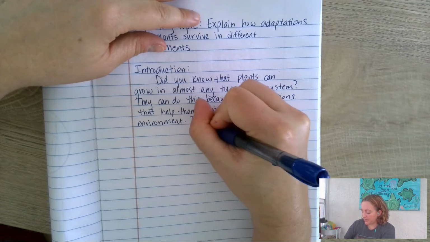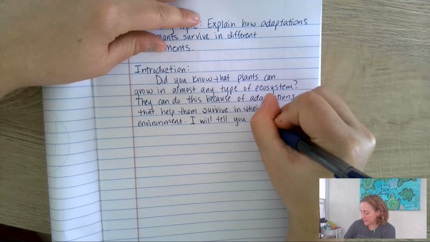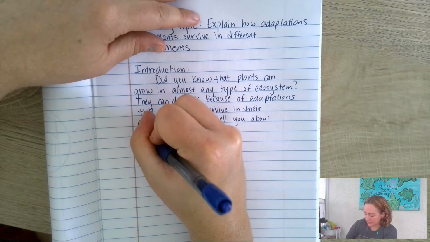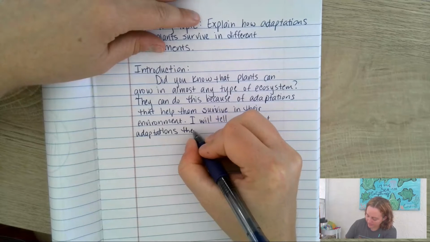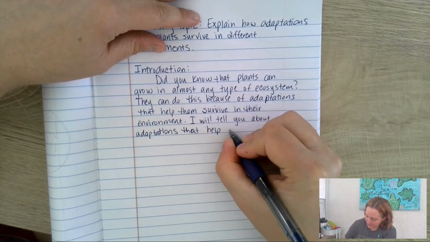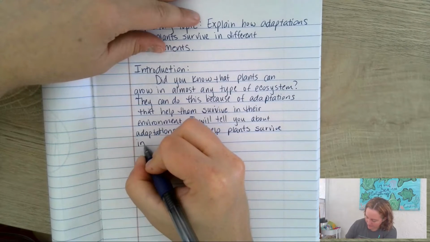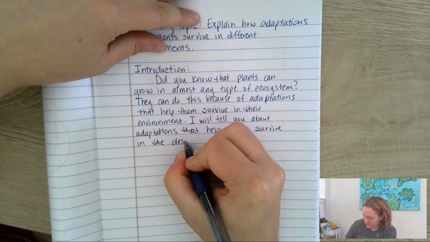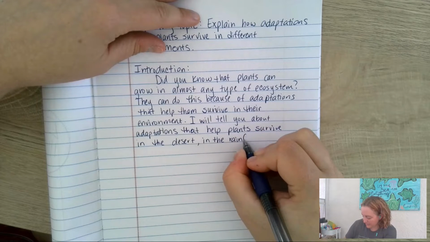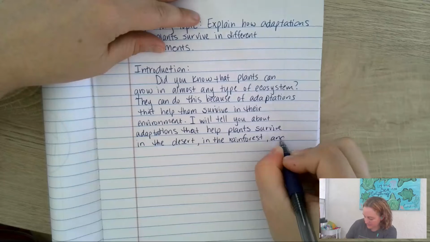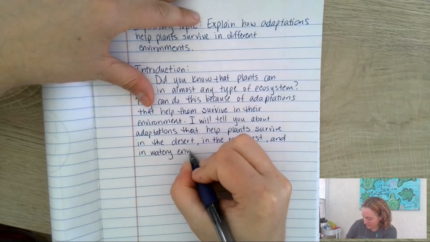So I'm going to say, I will tell you about adaptations that help plants survive in the desert, in the rainforest, and in watery environments.